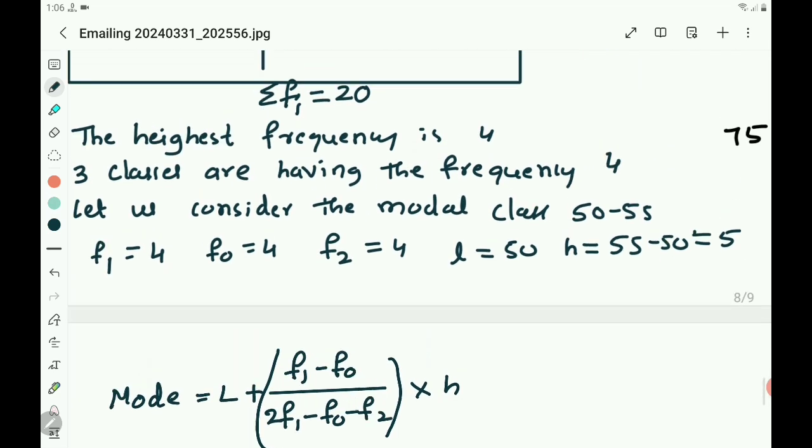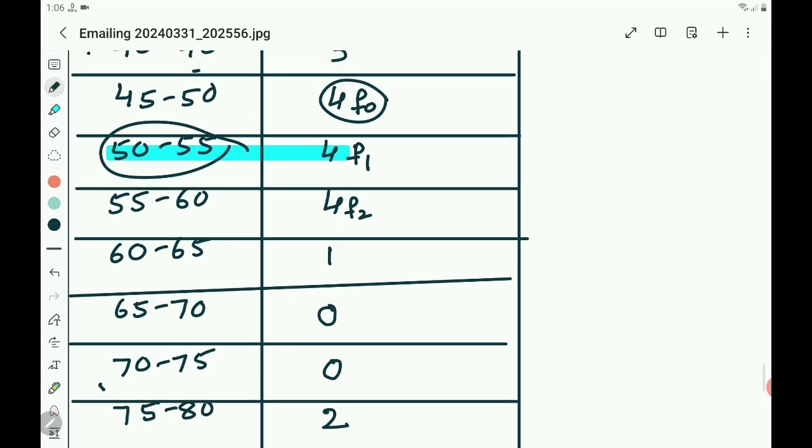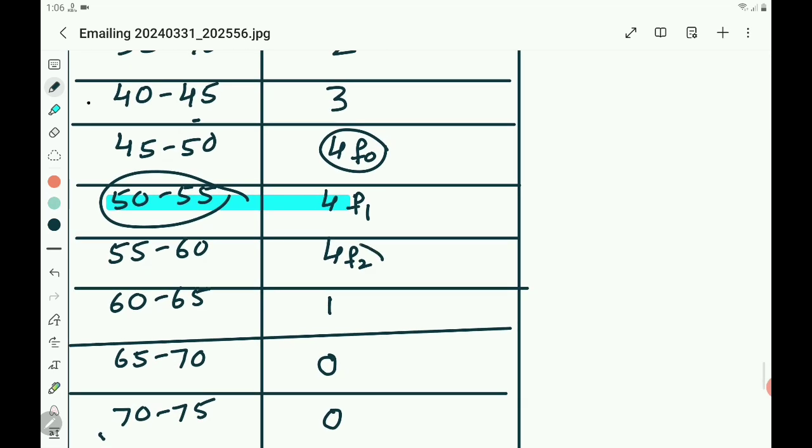If you take this third one for the mode, then what is the value of mode? You will get 55. But if you take this one, naturally you are going to get 50 only.